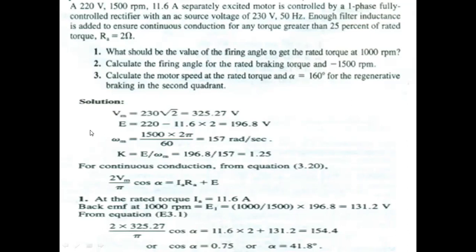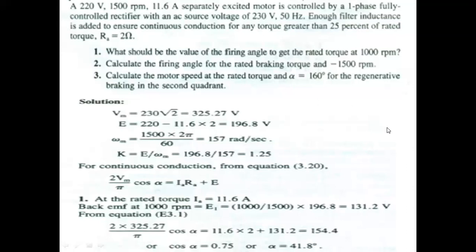Okay, so coming to the solution, see here a 220 volts 1500 rpm motor with an AC source of 230 volts, right? So this will be converted. See here, this RMS value. Why are we multiplying root 2 with the RMS value?